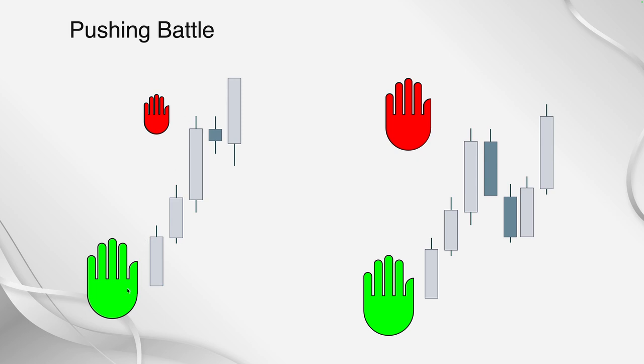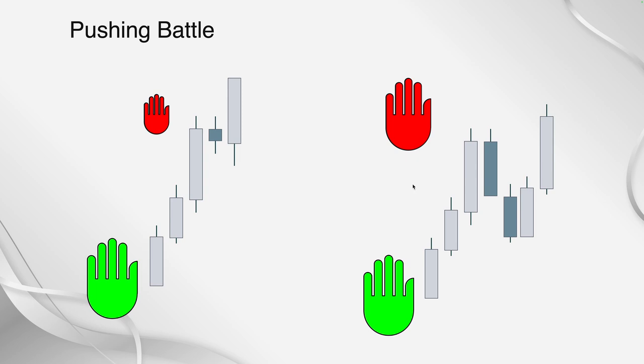Well, if a strong green hand, which is a strong discount array, pushes price higher, and we have a weak, smaller red hand, which is a premium array, then that premium array will likely not push price very far below to then continue higher off the first discount array itself, because the bullish pushing hand is stronger than the bearish pushing hand.